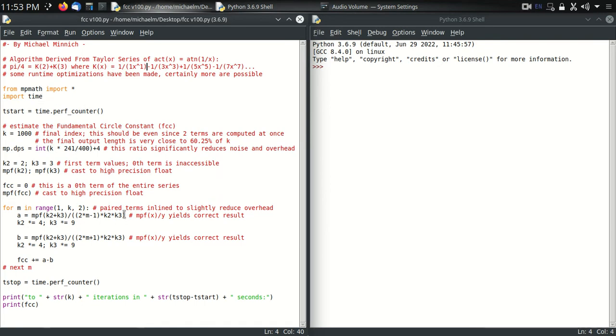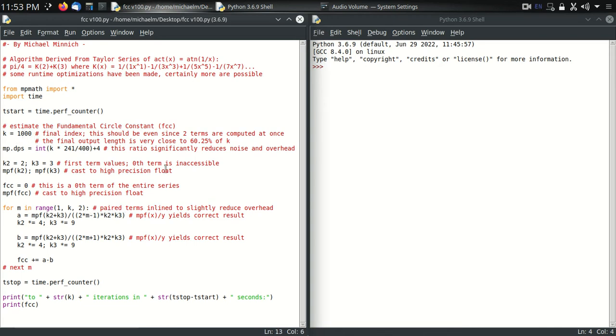And with a little bit of algebra magic, I reduced that down to this. That MPF thing is to make it so that I can go out to arbitrary precision, which works pretty well, although it bogs down severely past about 1,000 decimal places.